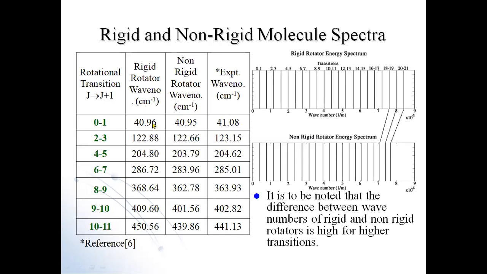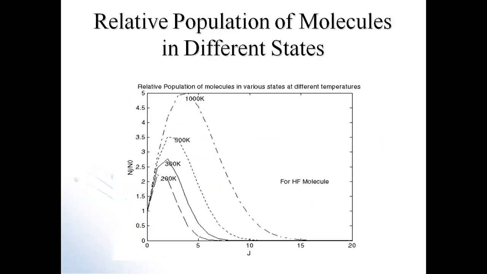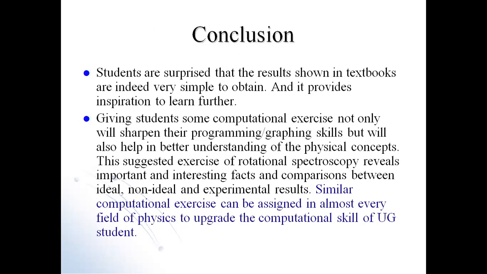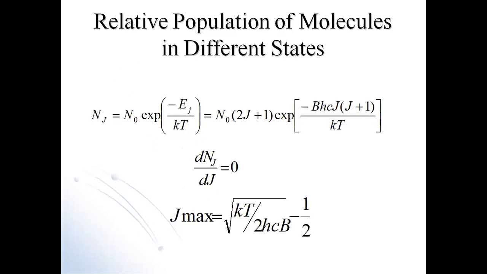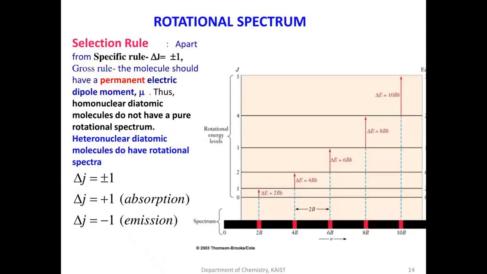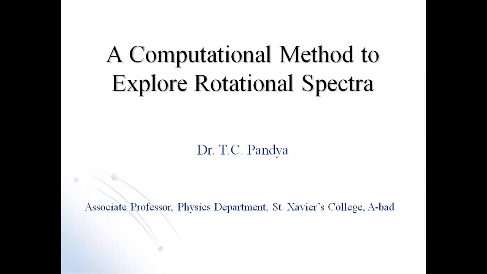Compare your result with the experimental finding. Then you find out the relative population of the molecule for the different states. Find out the value of J. Write your conclusion and prepare the report for this exercise for rotational spectroscopy and explore the rotational spectra.